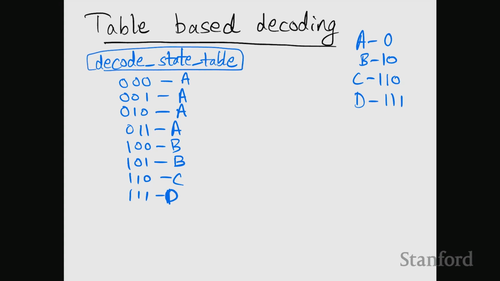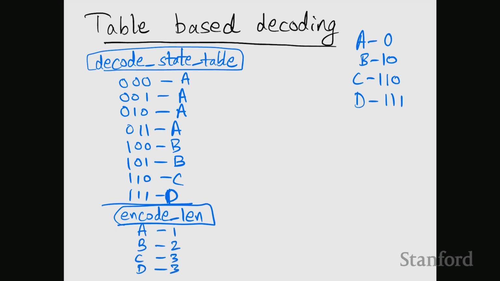So this is the decode state table. And then you have another table which is called encode length, which is A, B, C, D: 1, 2, 3, 3.